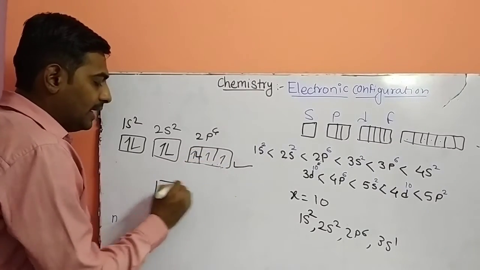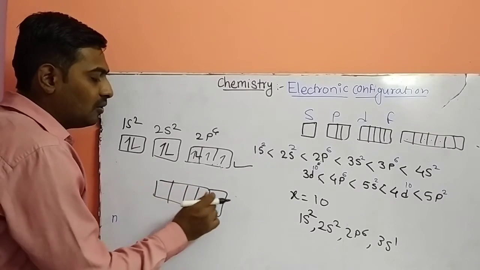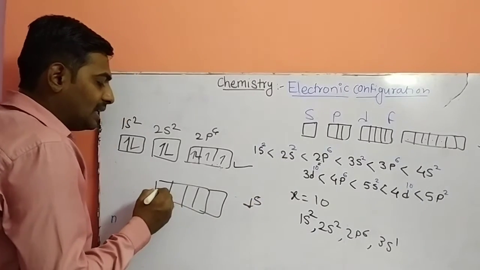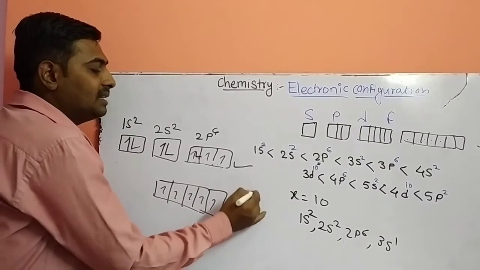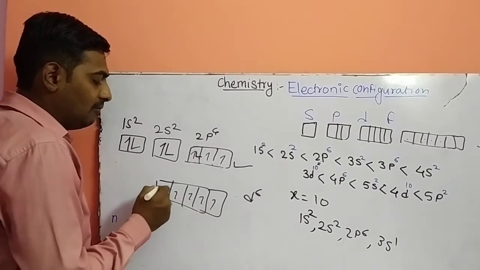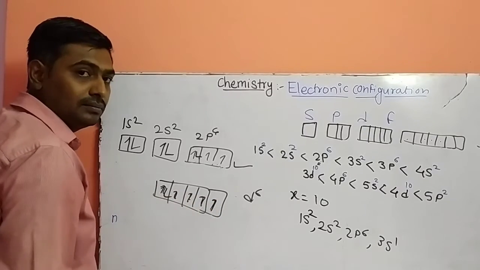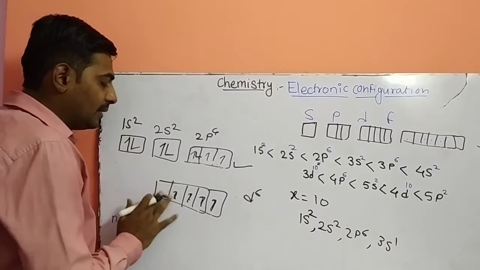2p4 is like this way, then the d orbital is like this way, 5 suborbitals, 1, 2, 3, 4, 5. If you have to take d5, then the electrons will be like this, 1, 2, 3, 4, 5. If you have to write d6, then it will be 1, 2, 3, 4, 5, 6. When the orbitals are filled, then we have to start the pairing.